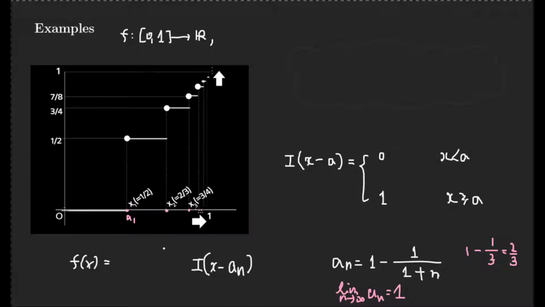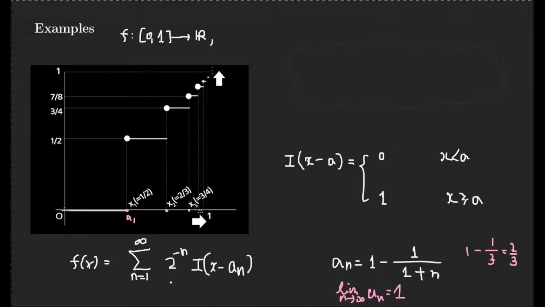Based on this information, if we describe the graph, I already know the answer. The function is defined as the sum from n equals 1 to infinity of 2 to the minus n times I(x minus a_n).